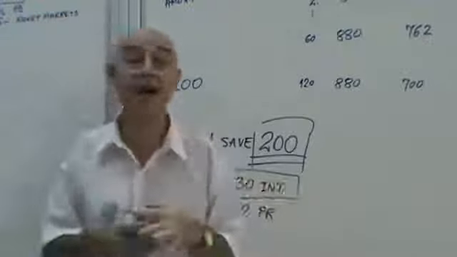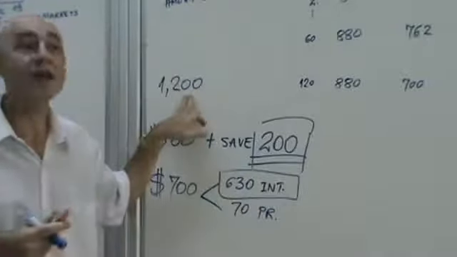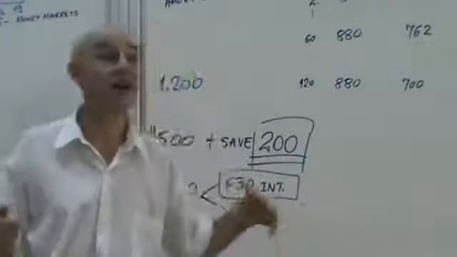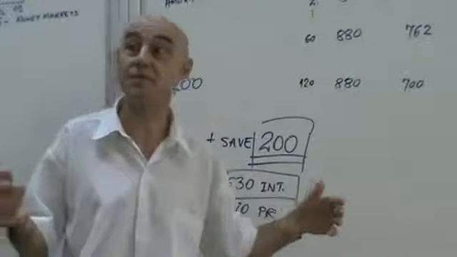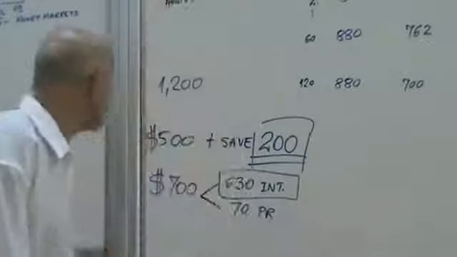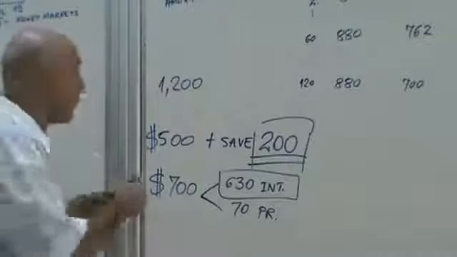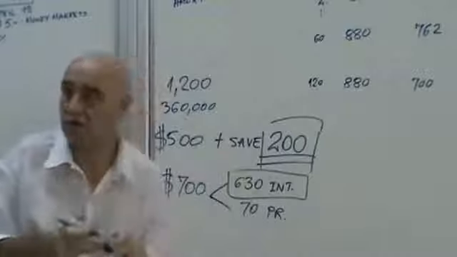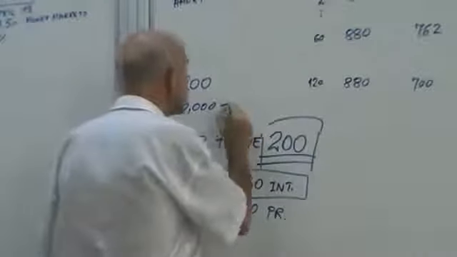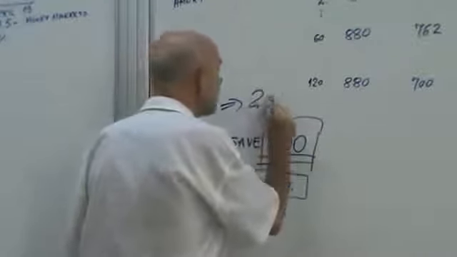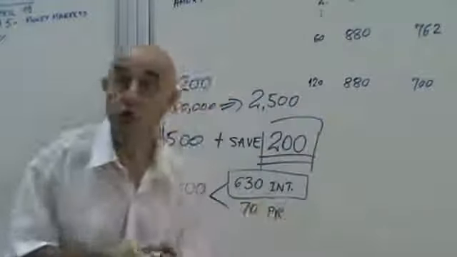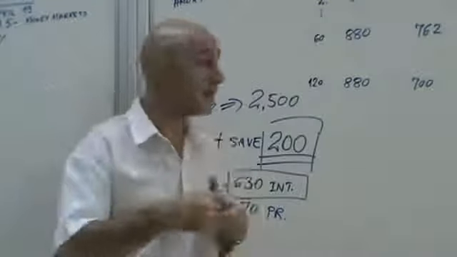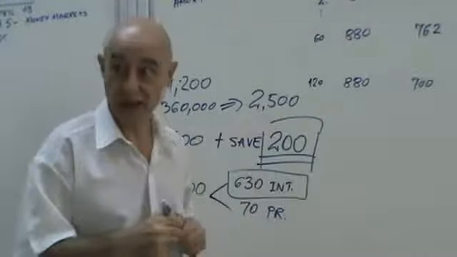And he felt pain that he was throwing away $1,200. Washington, D.C. is a very expensive city, one of the most expensive cities in the world. And instead he decided to buy a house for $360,000. Okay? And his monthly payment turned out to be $2,500, of which for him went how much at the beginning?